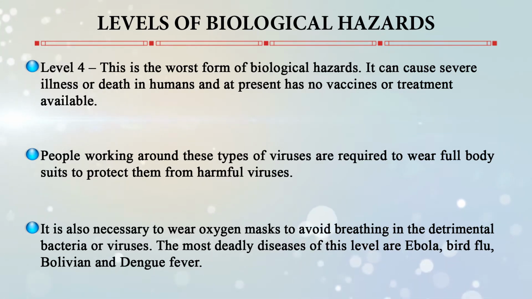For example, doctors, nurses and other health officials and healthcare workers work with such infectious bacteria and viruses in the laboratory and also in the field when they are treating infected people. Examples of the most deadly diseases of this level include Ebola, bird flu, Bolivian hemorrhagic fever and dengue fever. So these are the worst forms of biological hazards.